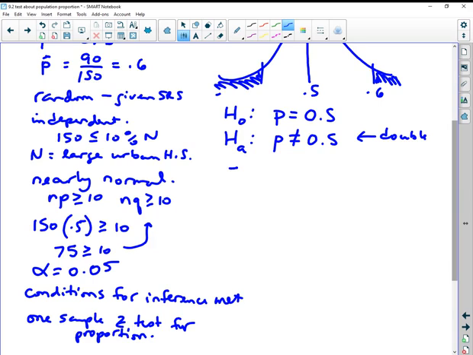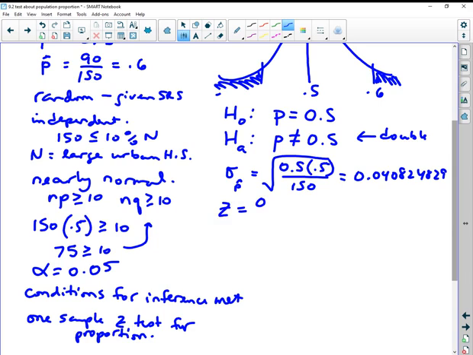So find the standard deviation of our sampling distribution. Since they're available, I'm going to use parameter values because I'm doing a test about the parameter, and therefore I need to assume that my parameter is correct.